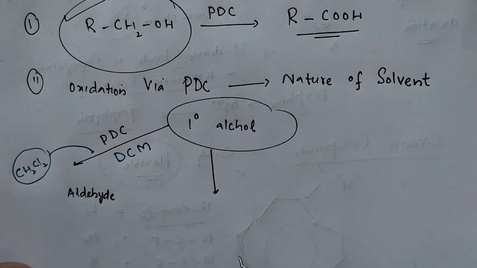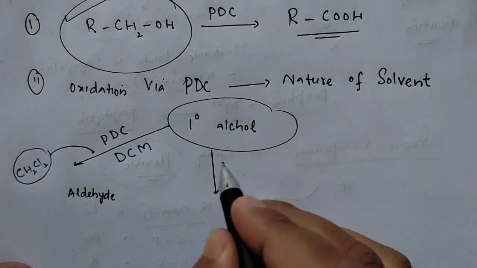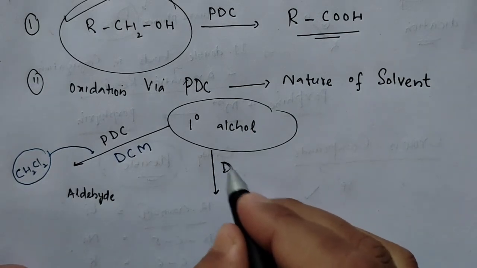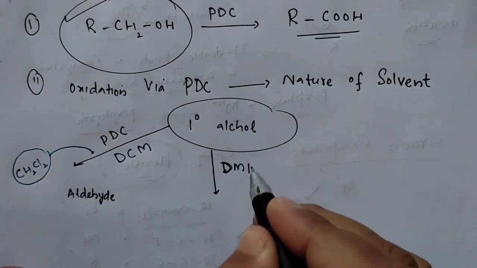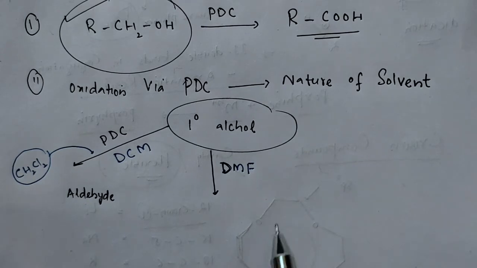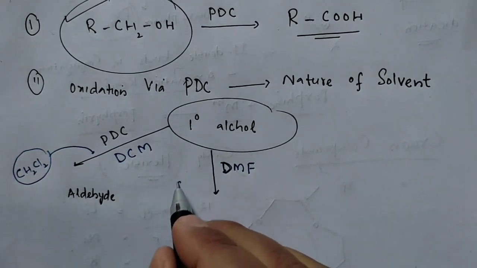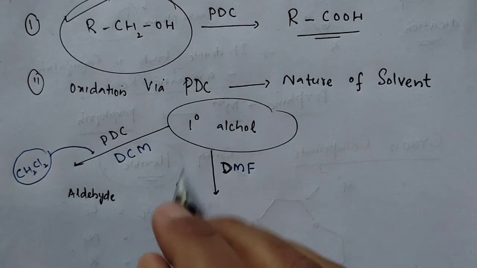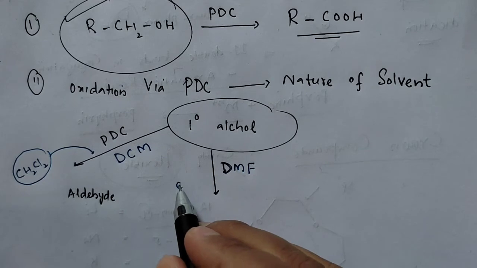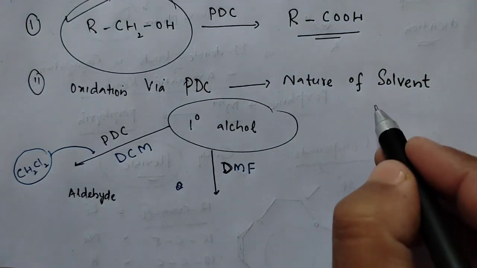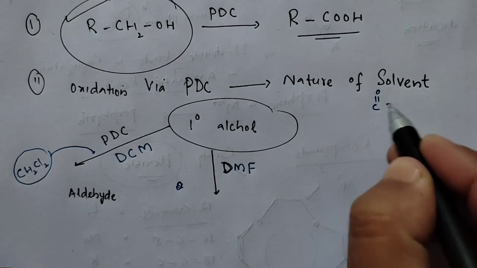If you have a solvent like dimethyl formamide, DMF, in the presence of DMF, let's write the structure: this is your amide, CONH2.